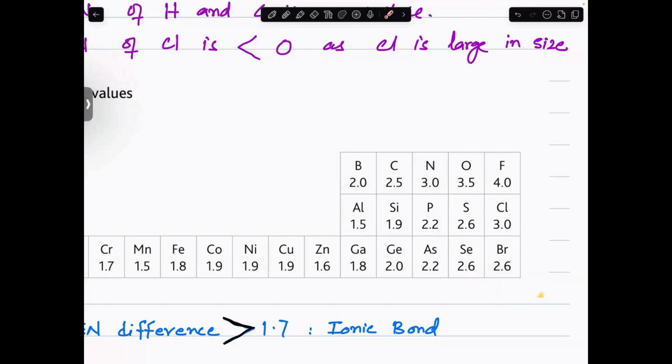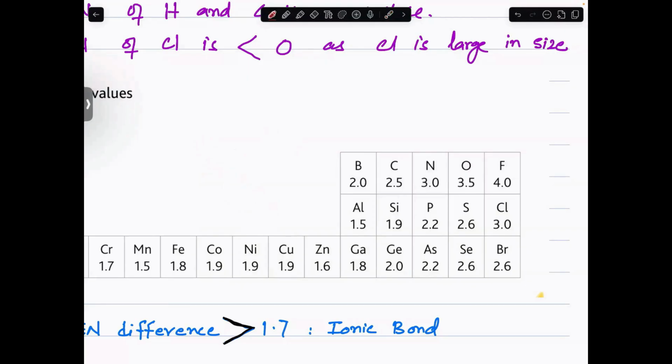They're not even changing, and maybe these values are up to one significant figure, so they're not that exact. This you must know. And if they are the same, the bond between P and S would be polar or non-polar? No permanent dipoles.